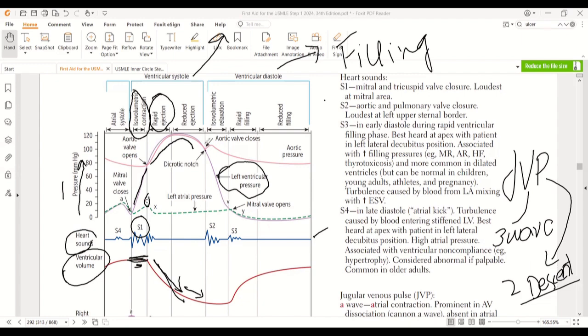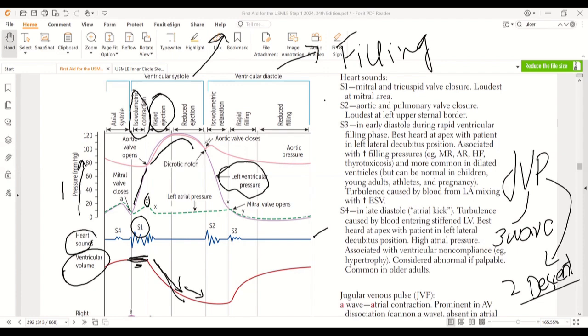At aortic valve closure, what is the mechanism of the closure of the aortic valve? Can anybody tell me? When the ventricular pressure decreases to less than the aortic pressure, as we mentioned in the beginning. Okay.